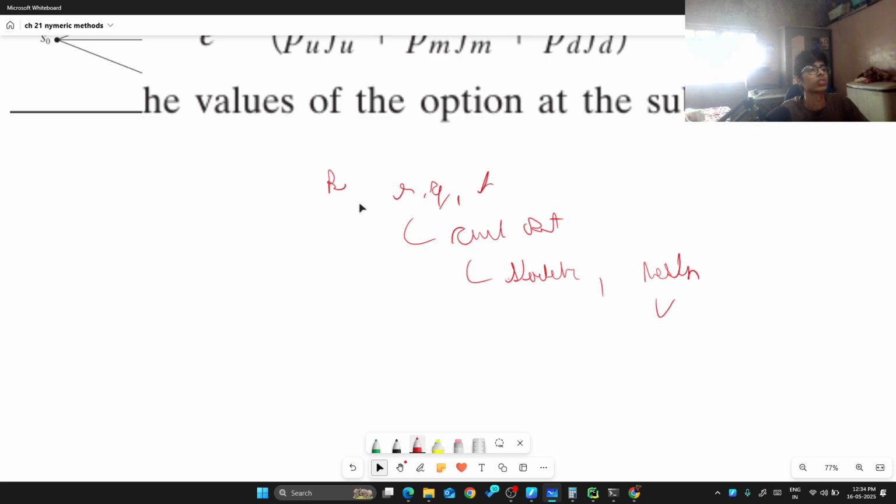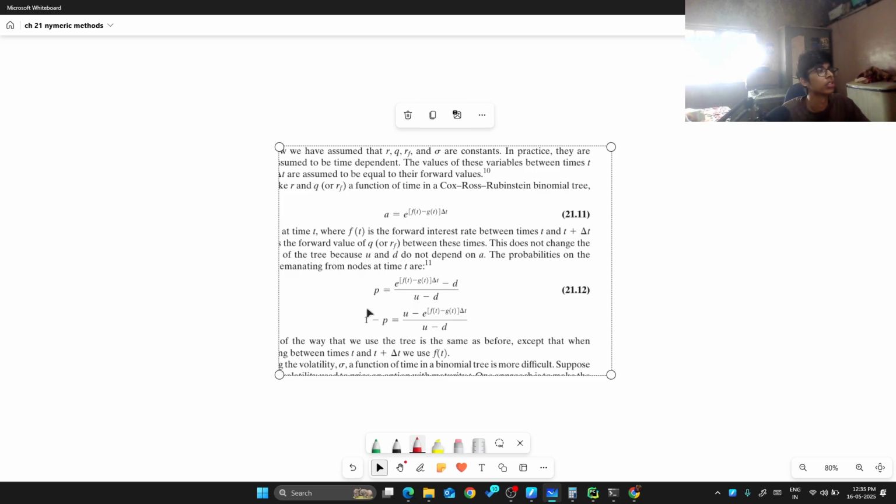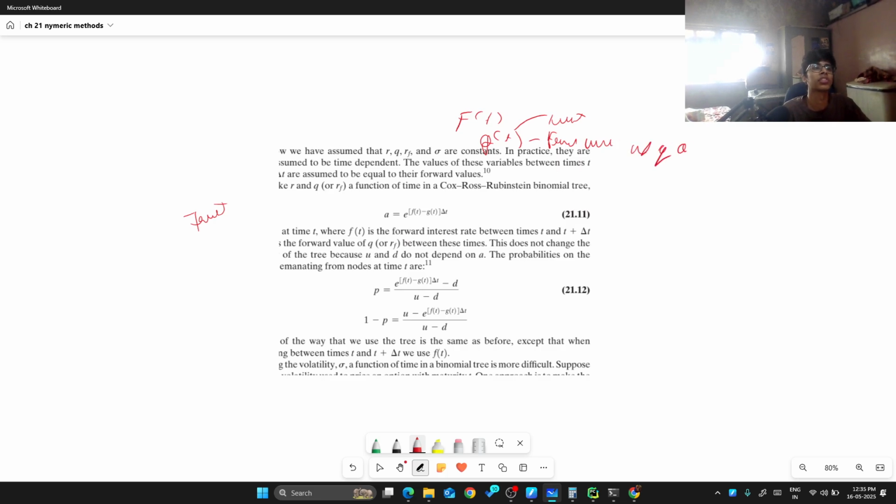So we have to adapt the binomial tree accordingly, and it's simple: f_t is a stochastic function and g_t is its value at that point, and the probabilities are given by this formula. f_t is the forward interest rate, and g_t is the forward value of q or r_f.